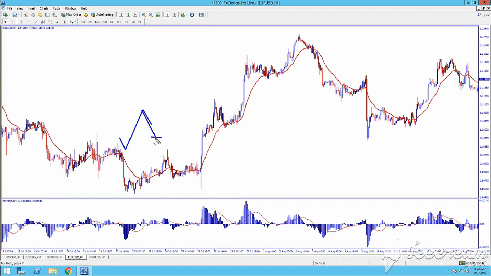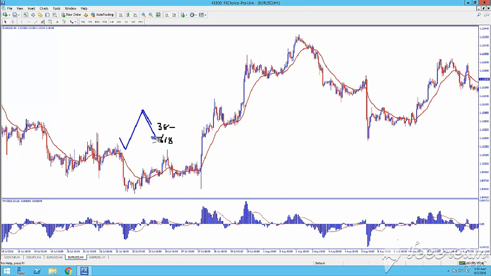A shallow retracement here would be considered 618 retracement, and a shallow is a 38.8 to 50, sometimes even 24%.